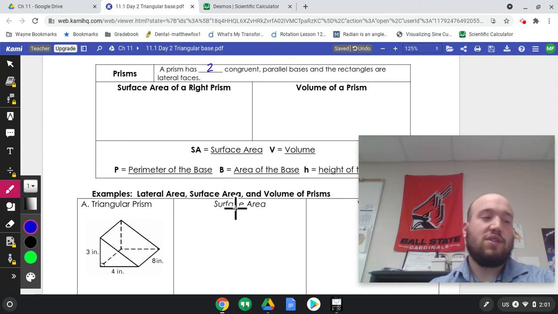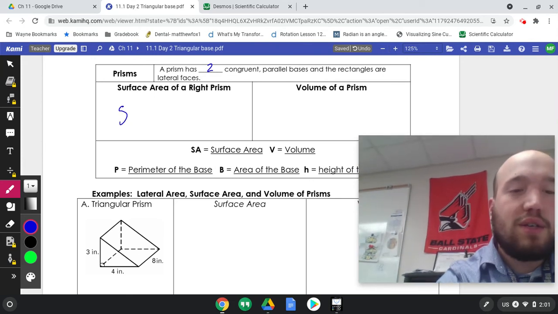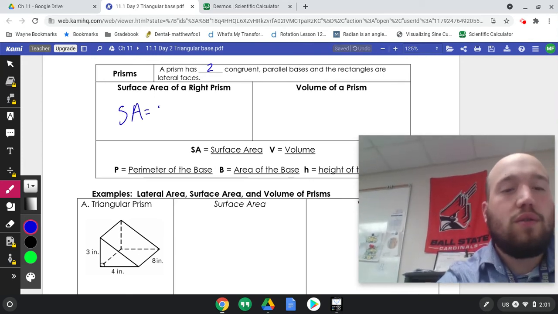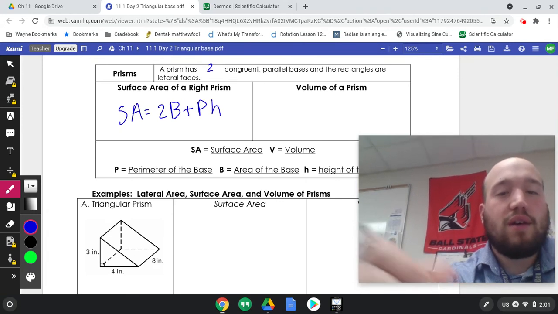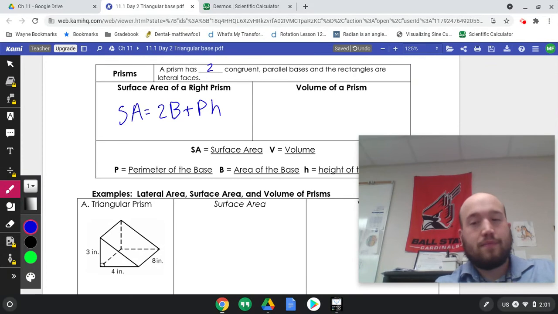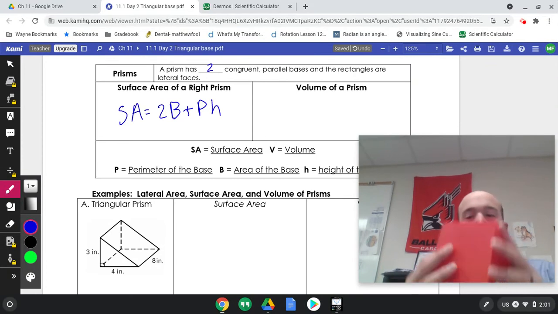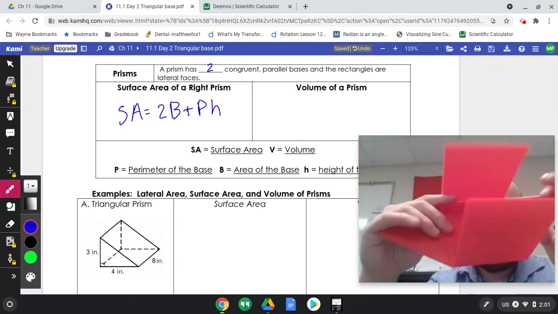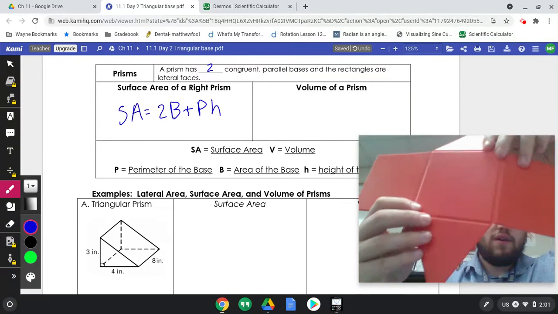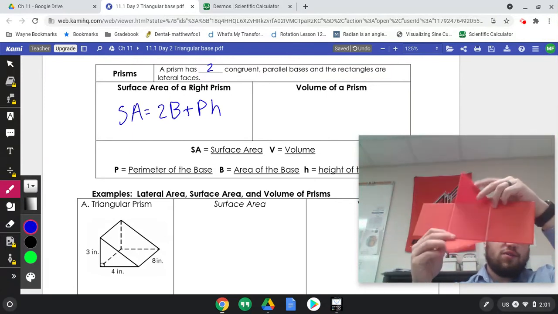Okay, now we can use the same method. It's still going to be surface area equals 2B, 2 times the area of the base, plus perimeter times height. And the reason why, if we look at this, if I unwrap it here, so look at my picture here. So you see we have the two bases, these two triangles.